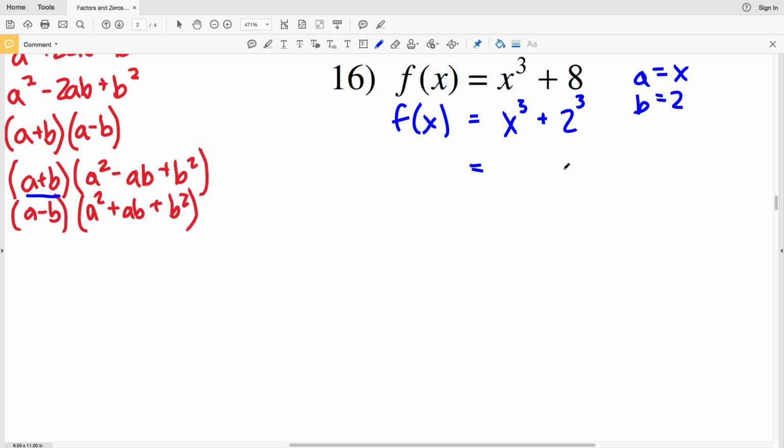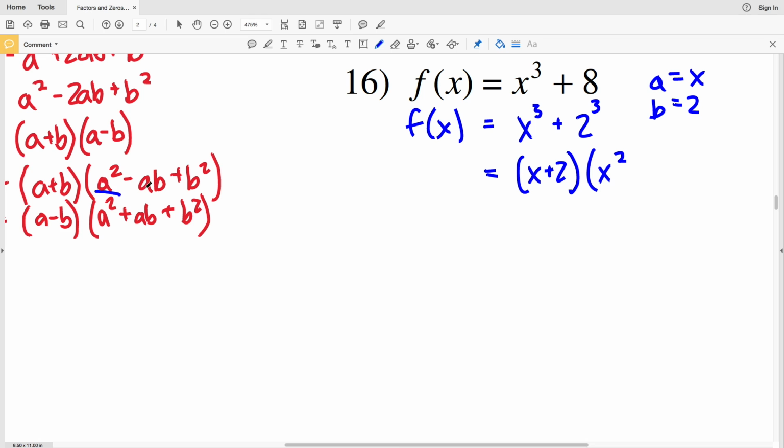So for a plus b, I'll have x plus 2, and then a squared minus ab plus b squared. I'll have x squared, so a squared, minus a times b, so that's minus 2x, plus b squared, so plus 2 squared, which I'll write as plus 4.